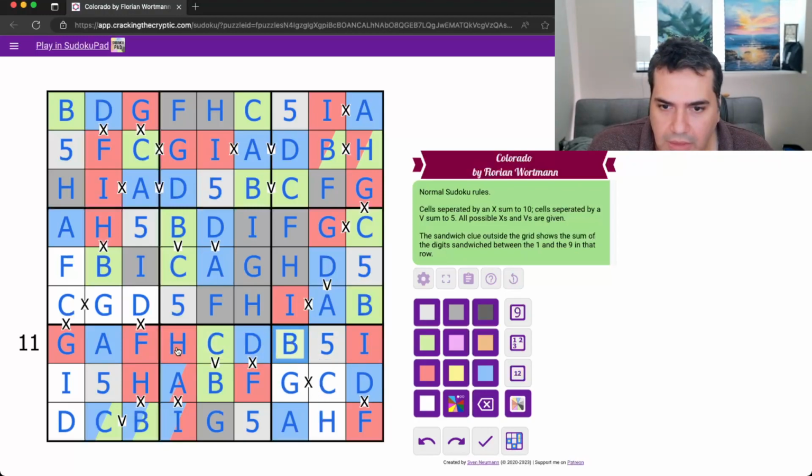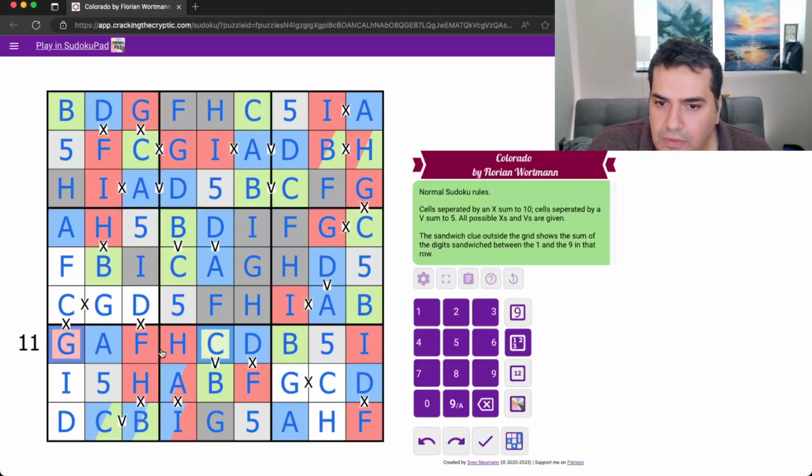B and H is not either because these are too low digits. So even if we pick the largest digits, 4 and 3, that's only 7, that's not 11. C is paired up with a G, which is also not possible because we've got 2 large digits with a single small one.